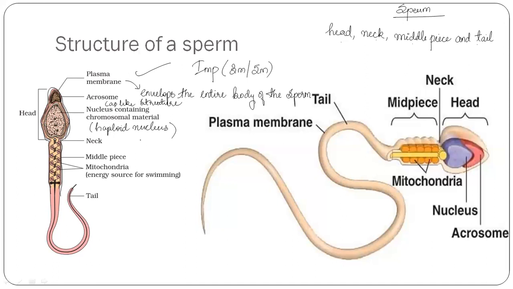Now, what does this acrosome have? The acrosome is an anterior part which is a cap-like structure. Can you see here, the cap-like structure?